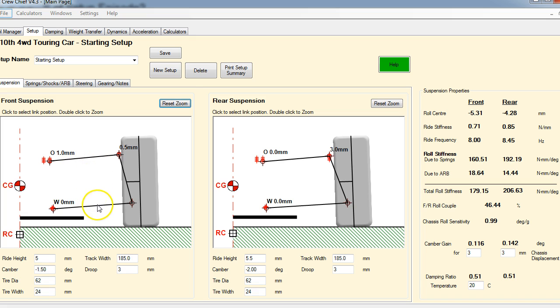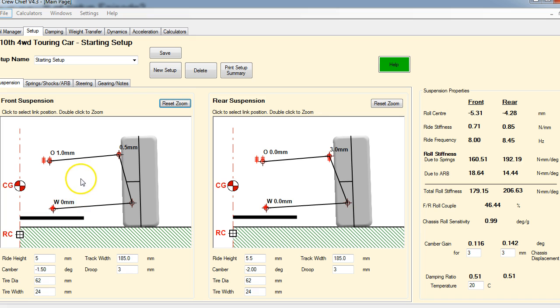If your upper and lower arms are parallel, then you will essentially have 0 camber gain. Now, if the angle between the upper and lower arms is getting greater or diverging as you move inward, then you will have camber loss.